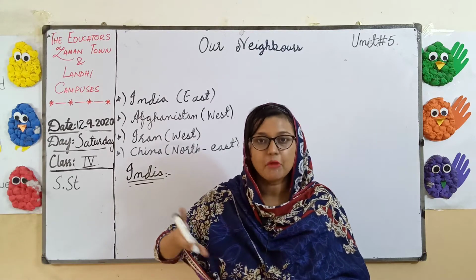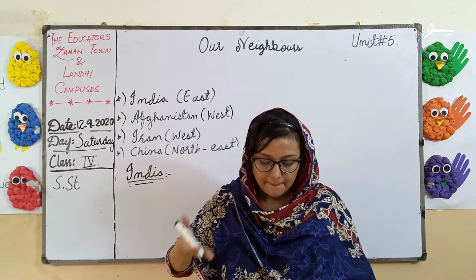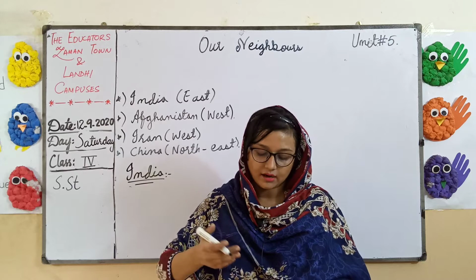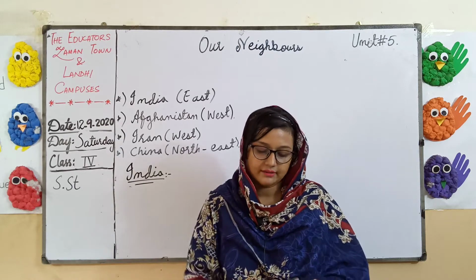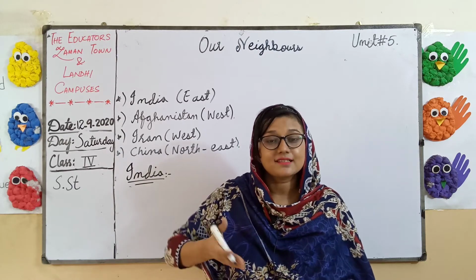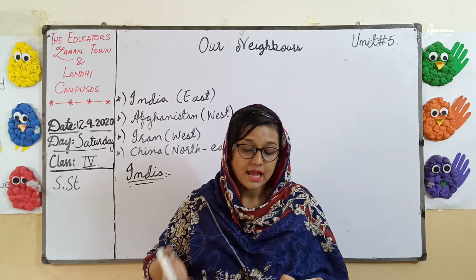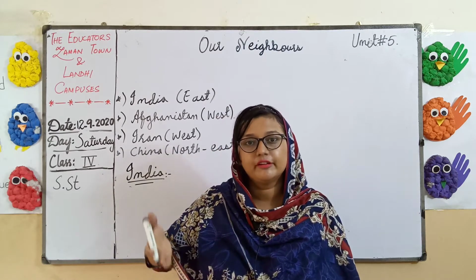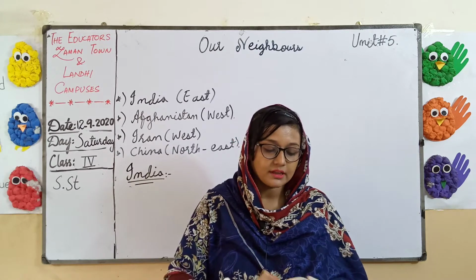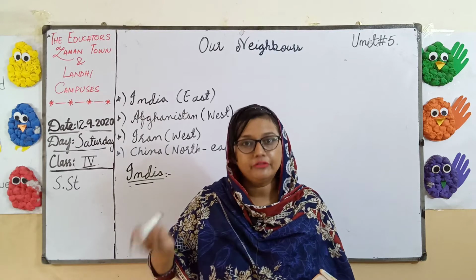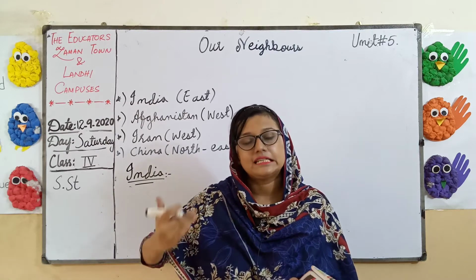India has many mountain ranges, including part of the Himalayas, which is the tallest mountain range in the world. It's a fact, India is the 7th largest country in the world, and India was named after the river Indus. The main crops grown in India are rice, wheat, cotton, tea, etc.